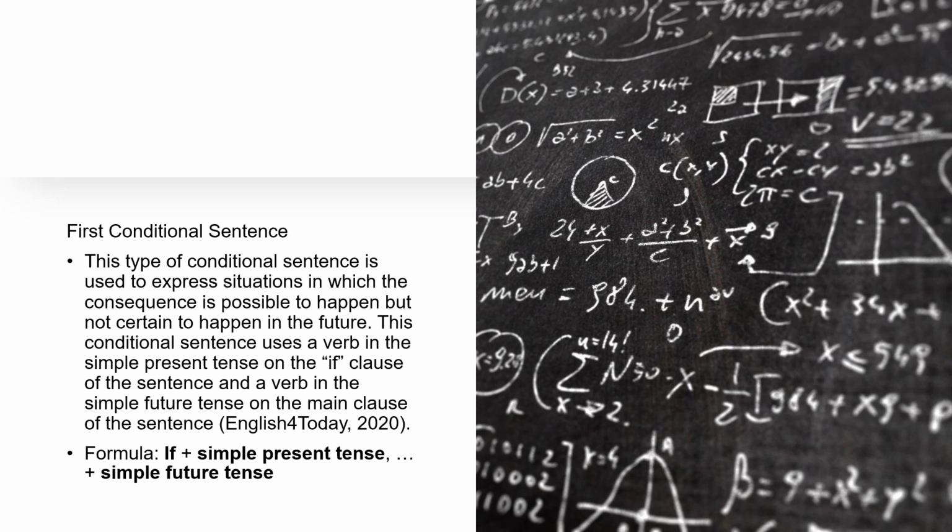This conditional sentence uses a verb in the simple present tense in the if clause of the sentence and a verb in the simple future tense in the main clause of the sentence, which is if plus simple present tense, remember this, plus simple future tense. So you see the difference here.